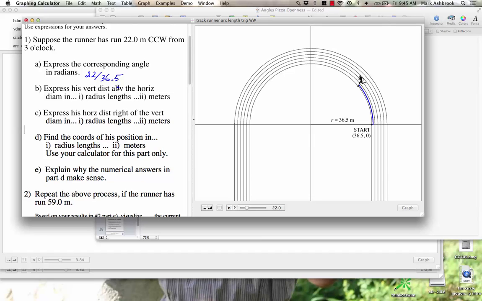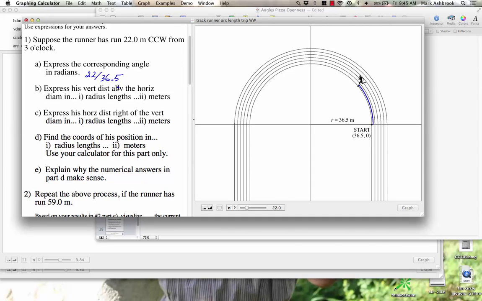Did you hear what she said? So we want to measure radians, we want to see how many radius lengths that we have. And she said 22, we want to find out what fraction then 22 is of the radius length to get how many radius lengths he's run. 22 over 36.5. Yeah, that was excellent.